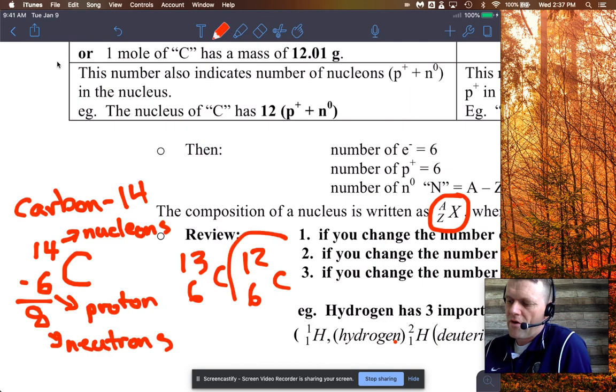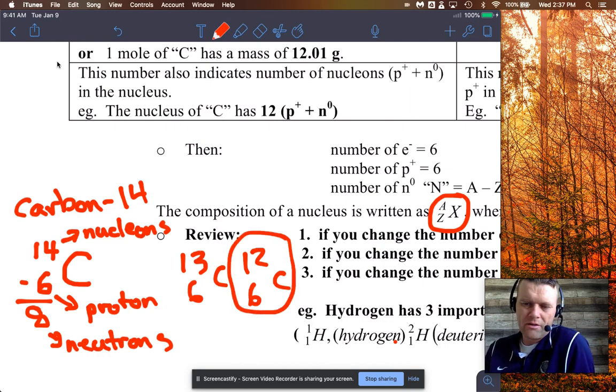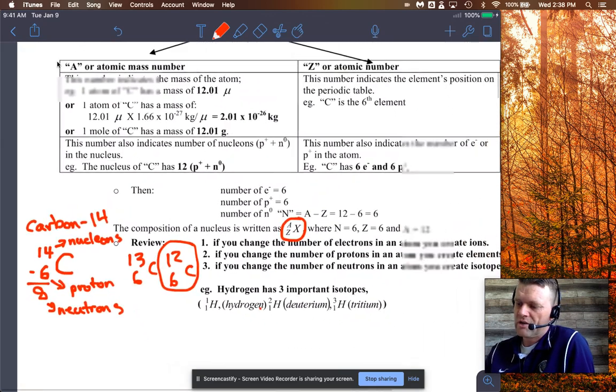Carbon 12 is by far the most plentiful, like 99% of the carbon you'd ever find kicking around in the universe or even on our planet. But there's a small percentage that can exist as carbon 13 or even carbon 14. Those isotopes usually aren't as stable as the main form, which in carbon's case is carbon 12. And we're going to look at stability because that's tied to radiation.